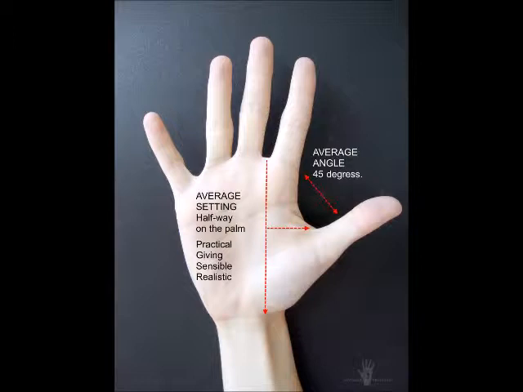Here we have a perfect example of an average angle and average setting of the thumb. Coincidentally, this is the picture of my daughter's hand. Averagely set, you can see that's approximately halfway, and the angle is approximately 45 degrees. So it's not a full 90 degrees and it's not close to the palm.